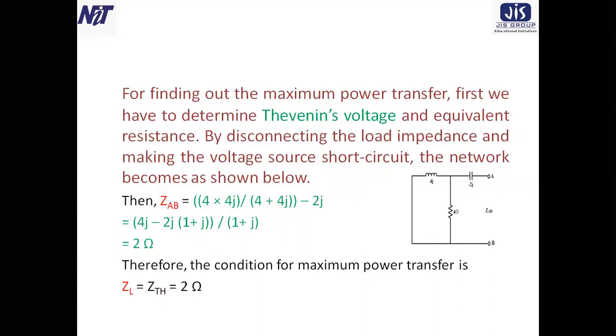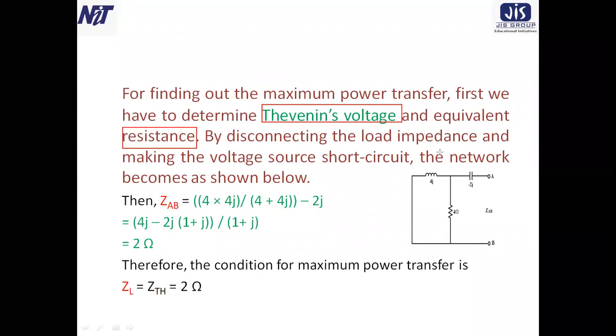For DC it was resistance, for AC this will be impedance Z. For finding the maximum power transfer, first we have to determine the Thevenin voltage and equivalent resistance by disconnecting the load impedance.